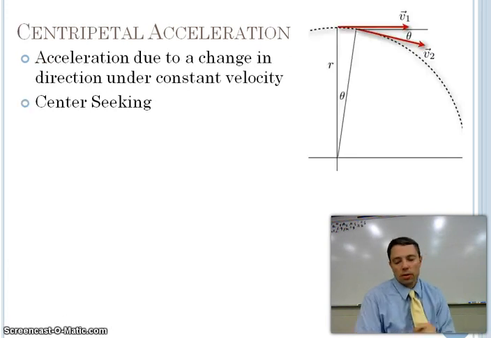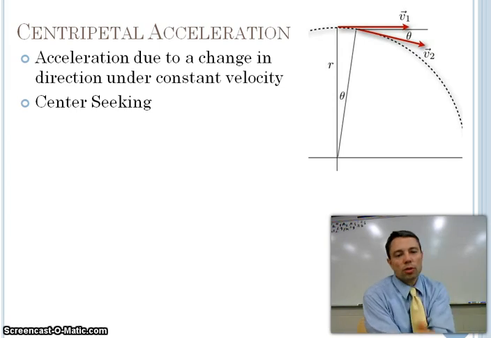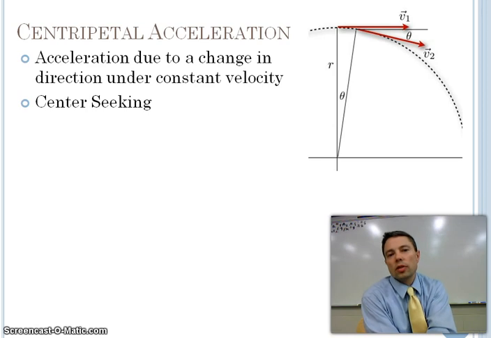Now how does this work when we start talking about centripetal acceleration? Centripetal acceleration is an acceleration that's due to changing directions. So here I have a picture where I have a tangential velocity, but the tangential velocity doesn't change. I have the same velocity arrow here as I do right here. No difference in the arrows, but I am changing direction.